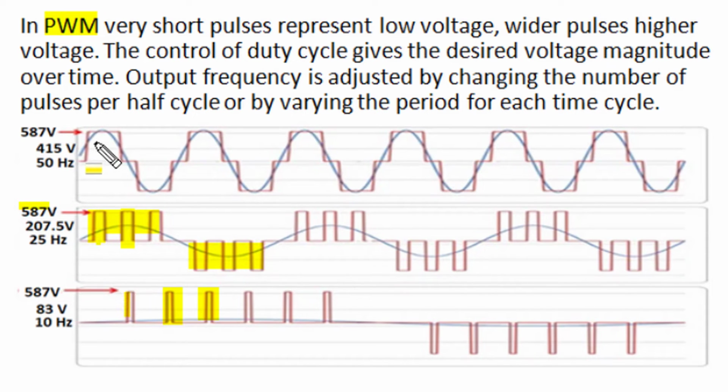So we can change the magnitude of output voltage by the width of pulses, and the frequency is adjusted by changing the time period of each half cycle as shown in these waves.